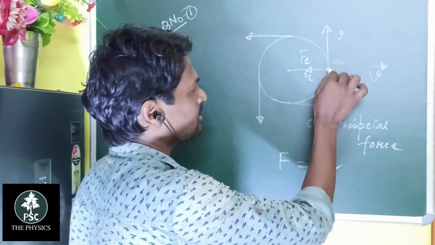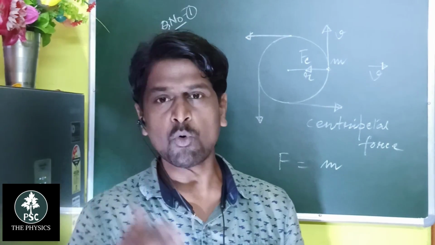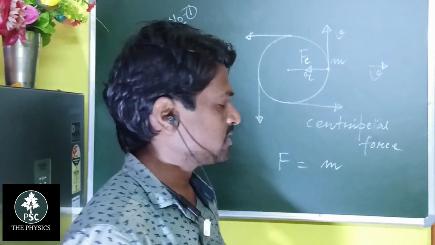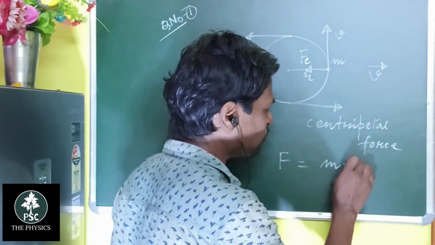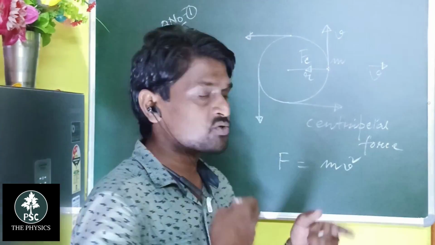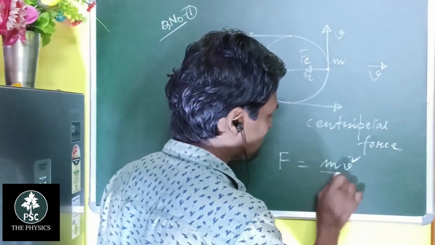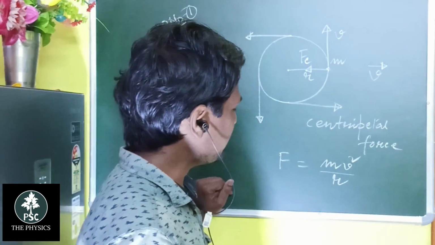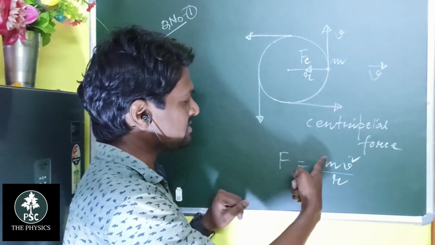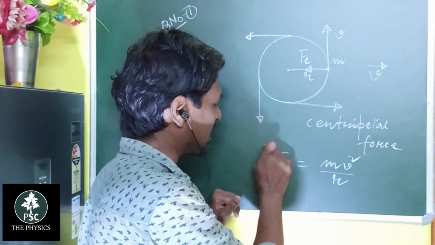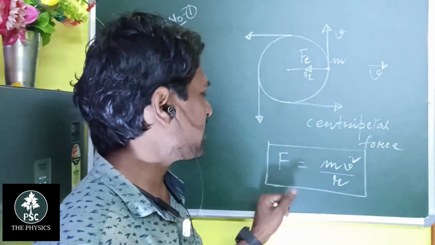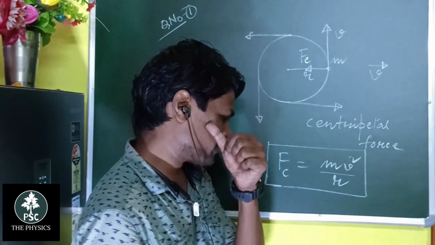If the mass is more, you have to apply a greater centripetal force. And if you want to rotate it with a greater velocity, you also have to increase the centripetal force. If the radius is small, the force is greater, so this is an inverse relationship. The others are directly proportional, and the formula is F equal to mv square by r. So this is centripetal force.